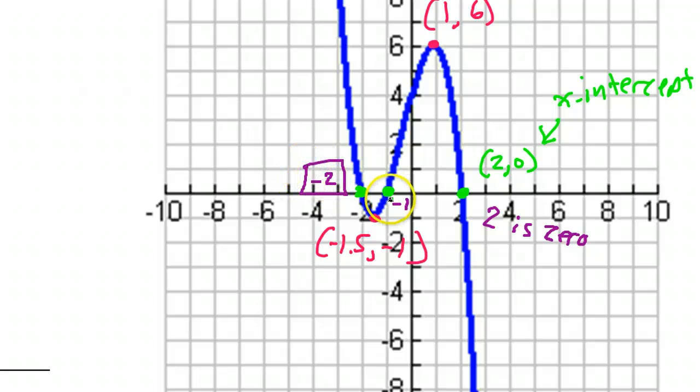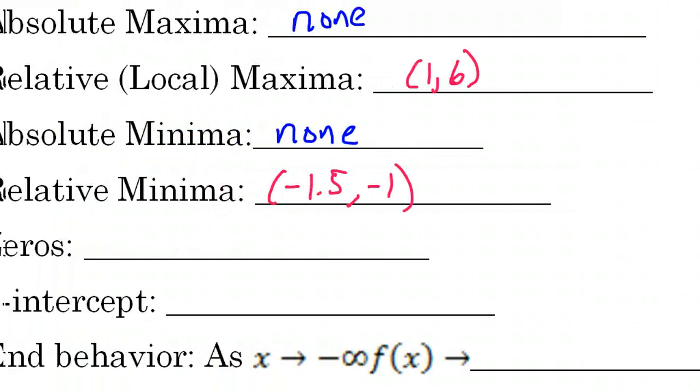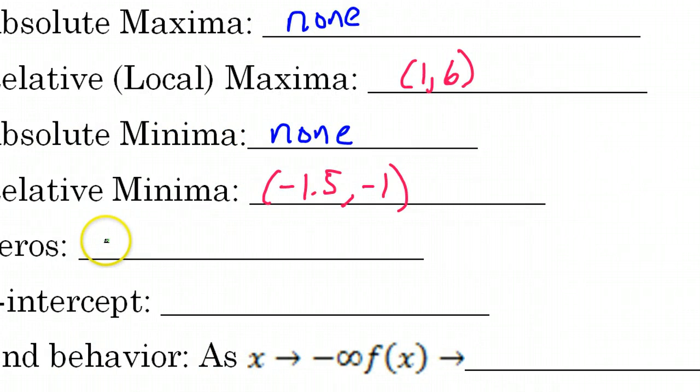We'll put little boxes around them so they stand out. These are the zeros of the function, without the comma 0 part. So what did I say? Negative 2, negative 1, and 2.